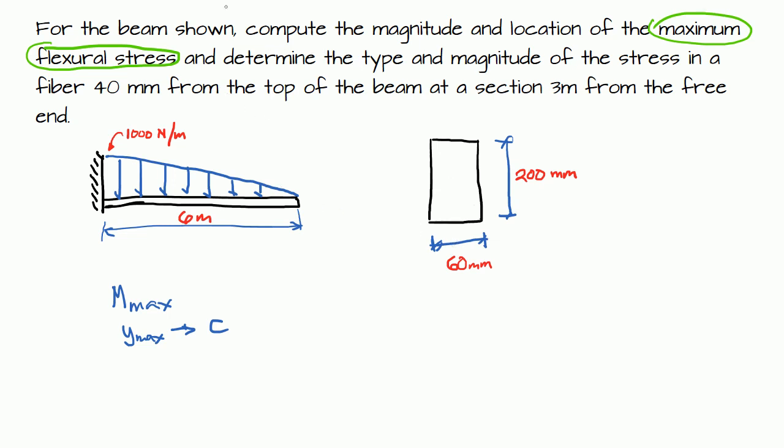So, this is your second question. Type and magnitude. So, this is important. Type and magnitude. Wait, I did not erase the words, right? I underlined them. So, the type and magnitude of the stresses in a fiber 40 mm from the top of the beam at a section 3 meters from the free end. So, if this is the free end, here is the 3 meters point, okay, that's the 3 meter point.